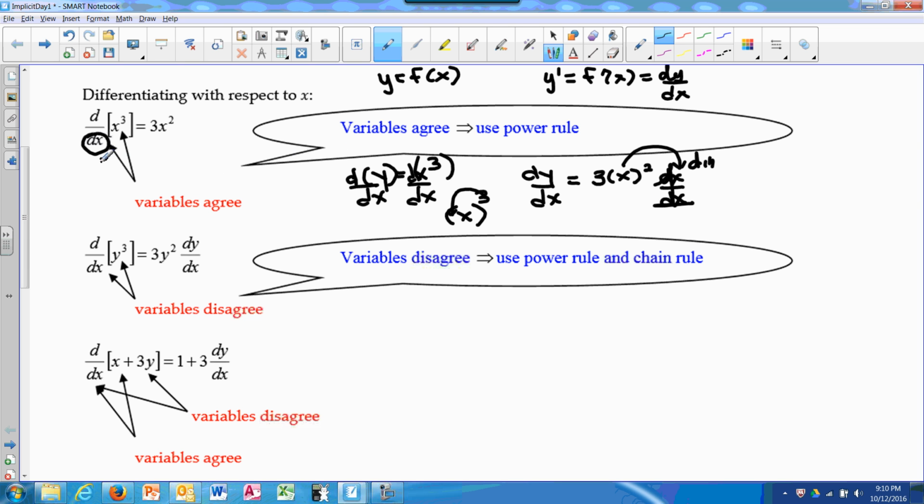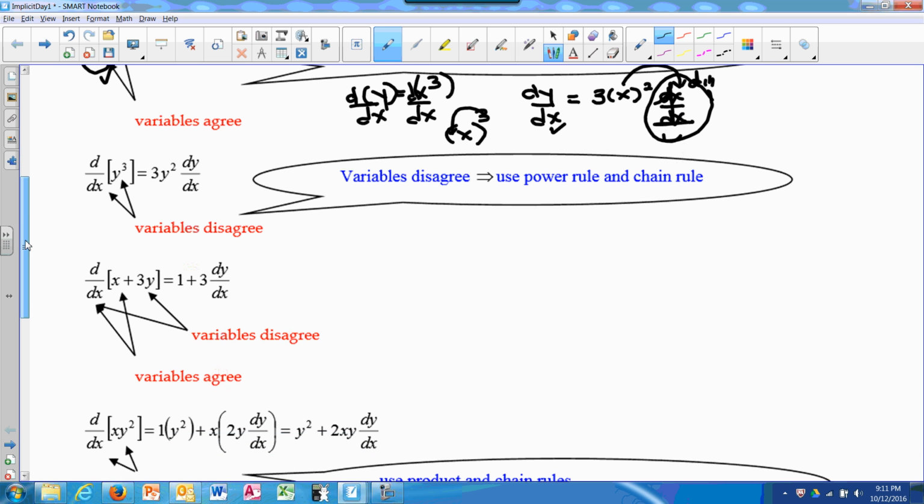So if the variables agree, then we take the derivative, and it just so happens that the dx cancels. It did not cancel when we were trying to take the derivative of y. dy dx is not 1. dx is equal to 1. So for this one, the variables disagree.